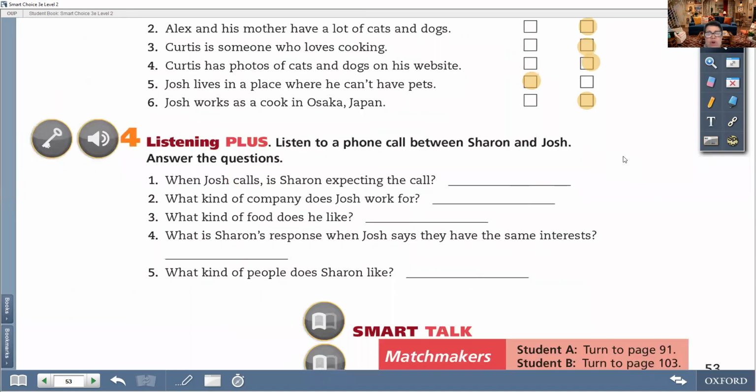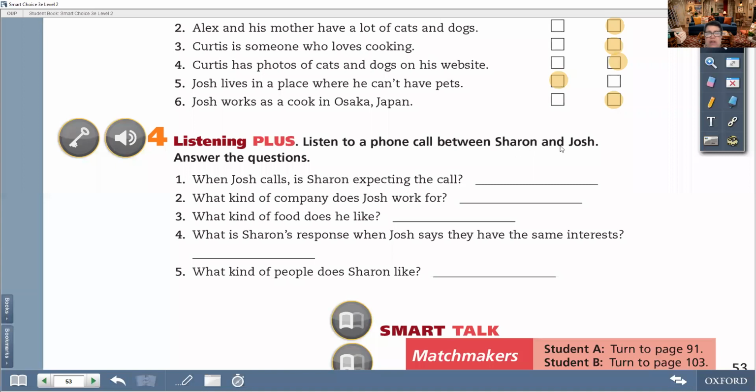Listen to a phone call between Sharon and Josh. Oh, look at that. Josh decides to call her from Osaka, Japan. So, number 1, when Josh calls Sharon, is she expecting the call or is she surprised?